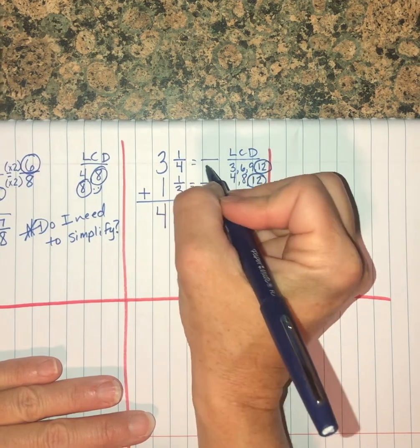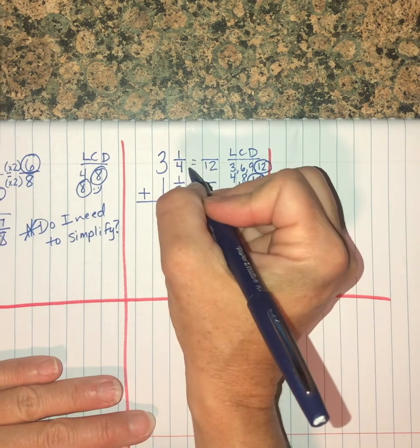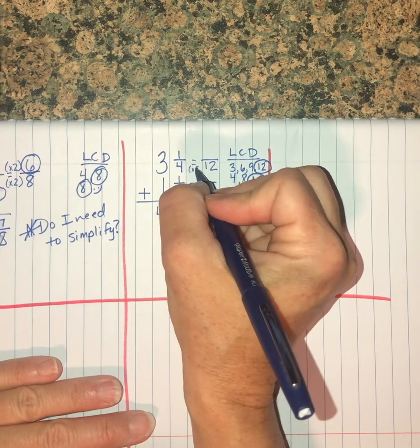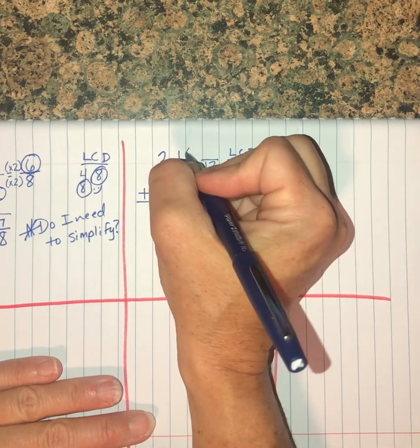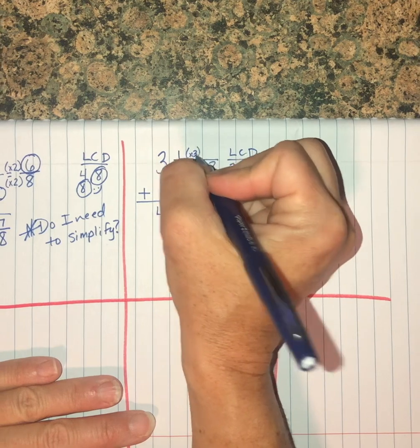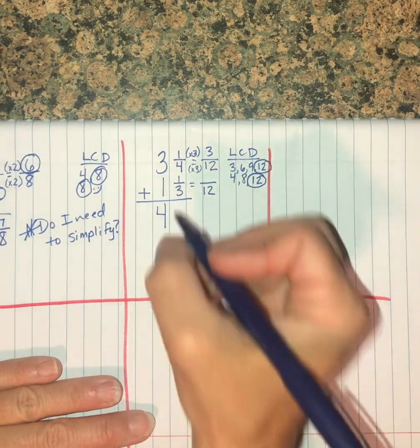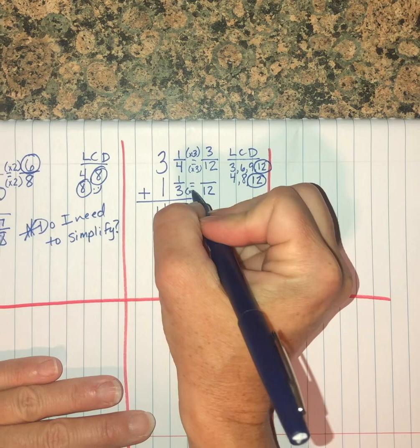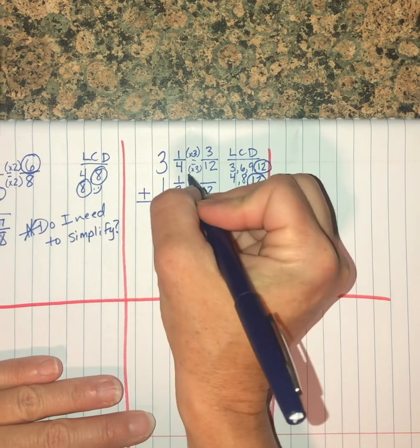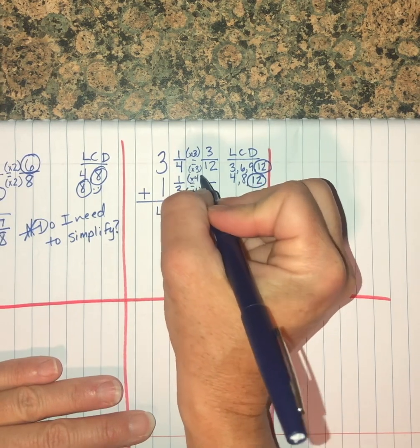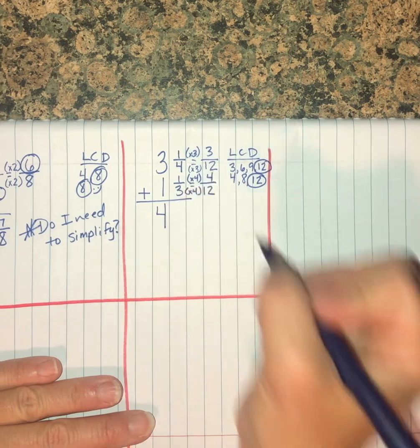Go ahead and put this 12 at the bottom. I know 4 times 3 is 12. 1 times 3 is 3. 3 times 4 is 12. 1 times 4 is 4.